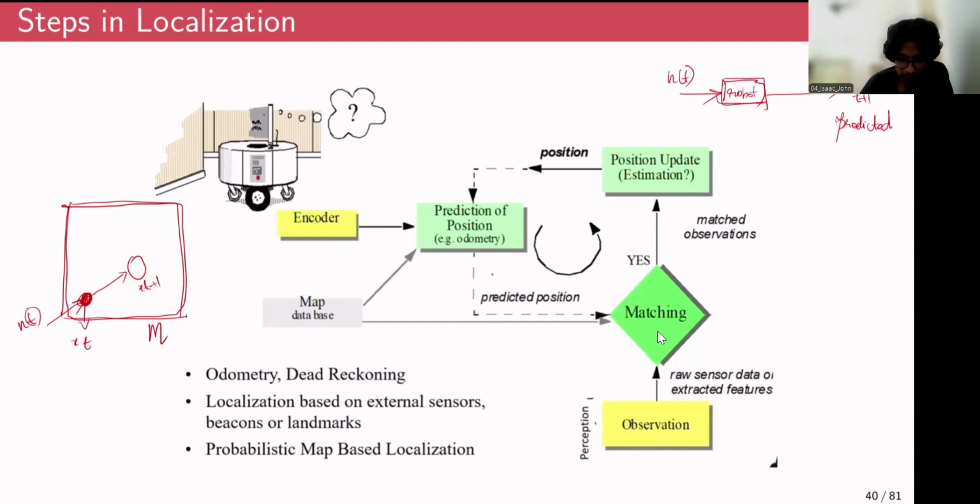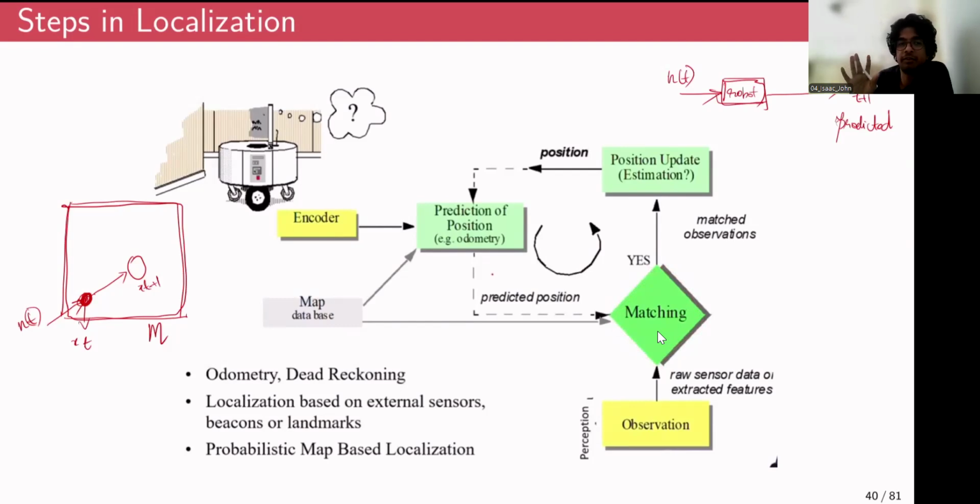So from the map, the robot now has two pieces of information. What it should be seeing if it moved from xt to xt plus 1, which it predicts from the encoder readings. And what it is actually seeing, which is obtained by the sensors. The robot will have to match what it is actually seeing with what it is supposed to see. If it is matching, then it is fine and it does not have to make any corrections.